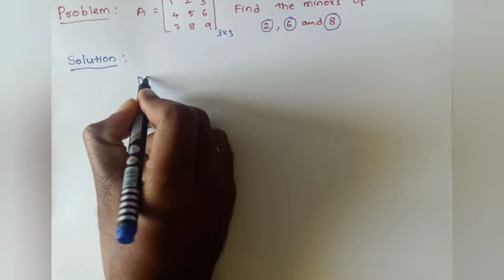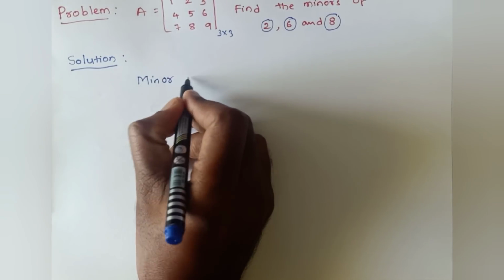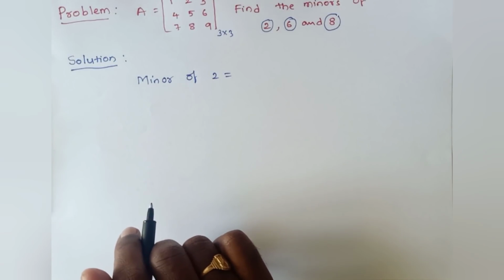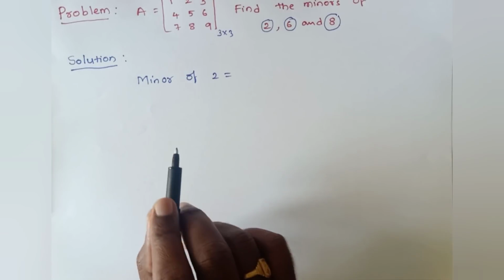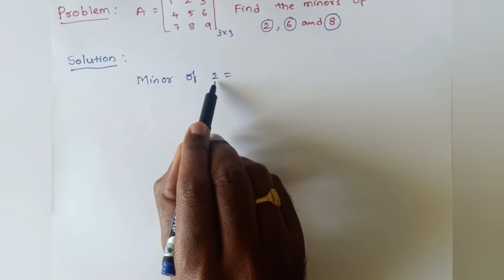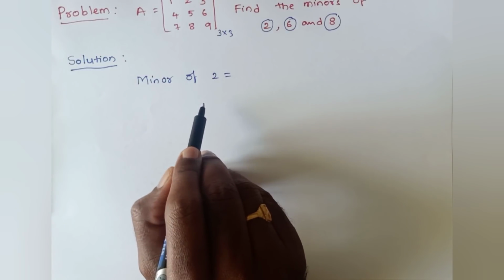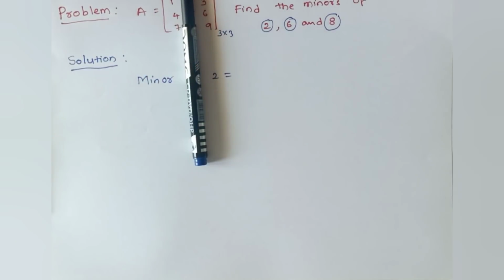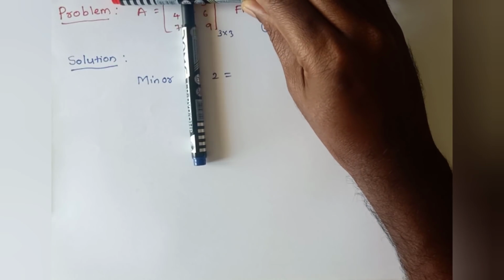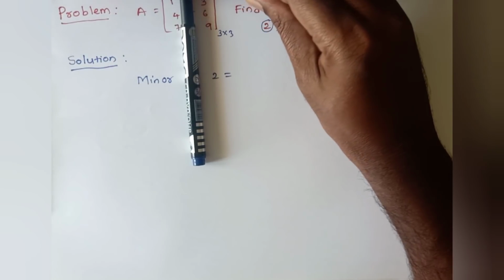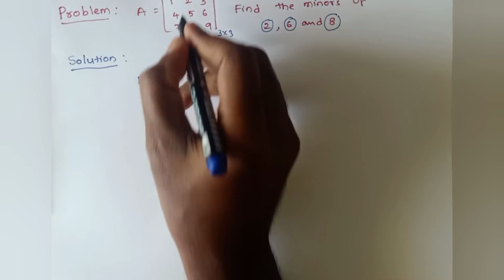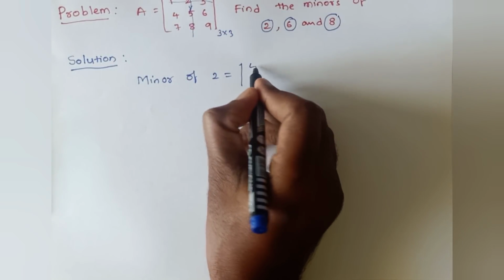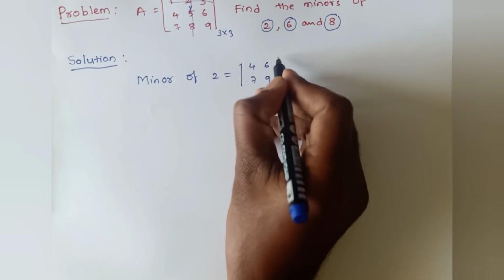So here you need to find the minor of 2. Minor of 2 means the determinant of the 2 by 2 matrix which is obtained by deleting the row and column in which the element 2 is present. So you need to remove this column and this row. By deleting this row and this column, the elements are 4, 6, 7, 9.